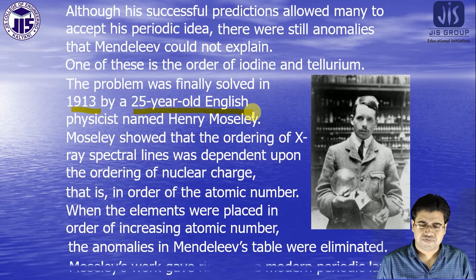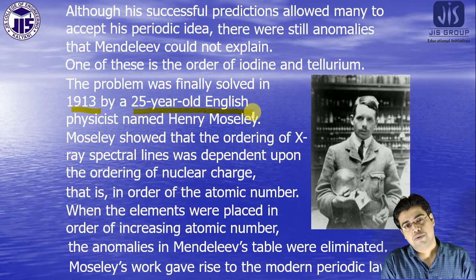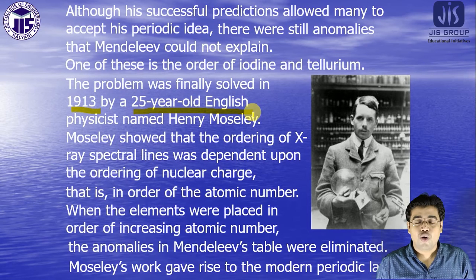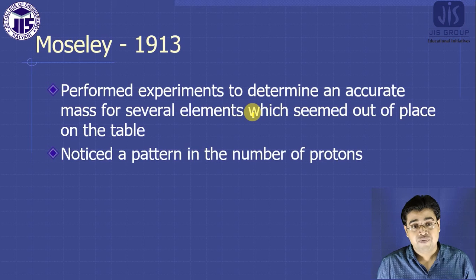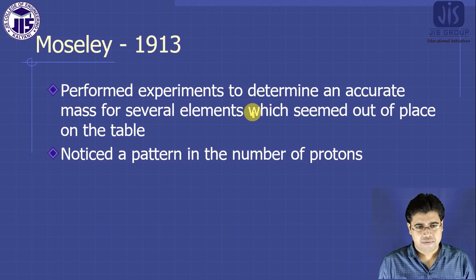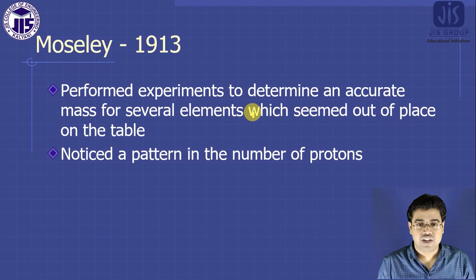Changing the law means he changed the concept from atomic mass to atomic number. Further, when he developed the periodic table that is taken as the modern periodic table, it was also modified later, but it is a modification of Mendeleev's periodic table.